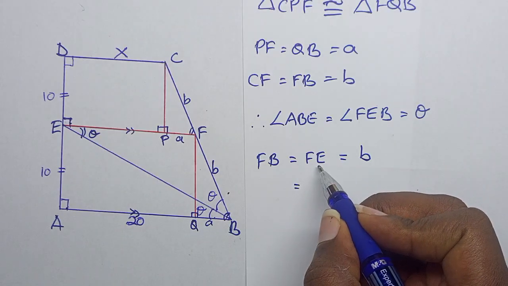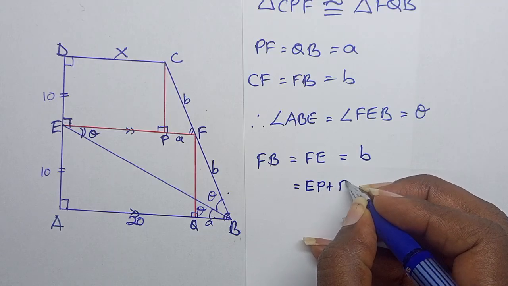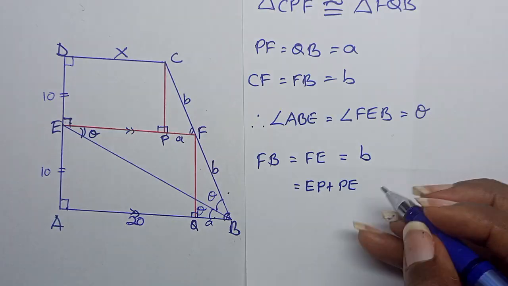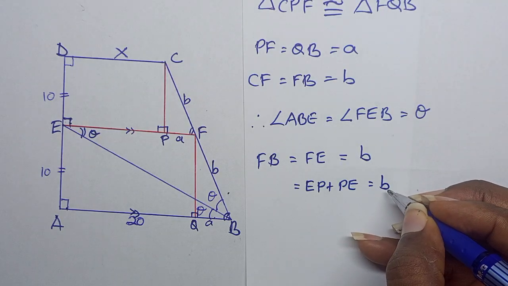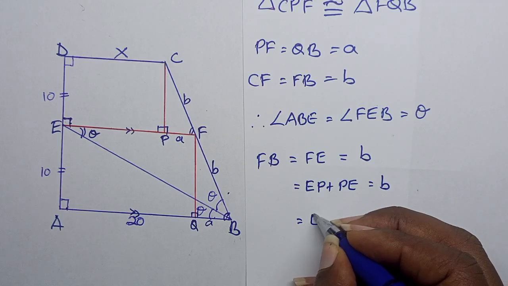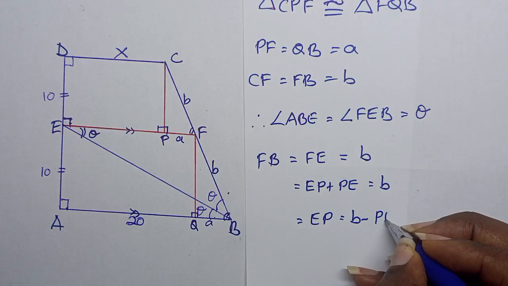So FE, we shall have EP plus PF, that is FE. EP plus PF, which is B. So EP will be equal to B minus PF.